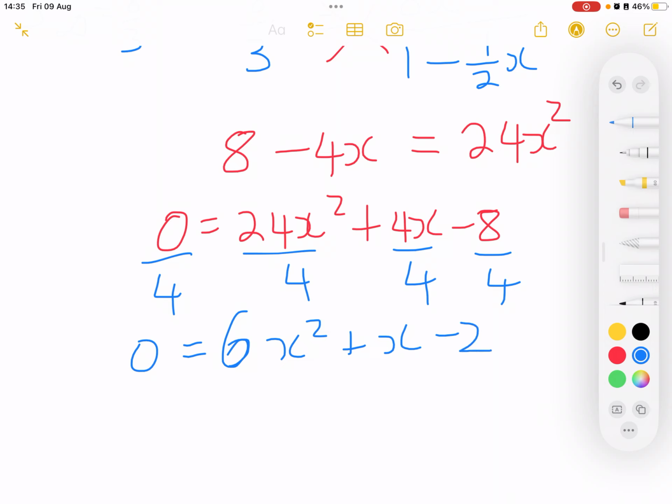And this can be factorized into 0 is equal to, opening two brackets, 6x with x, and then the factors of 2 that can give you 1 is just 1 and 2.